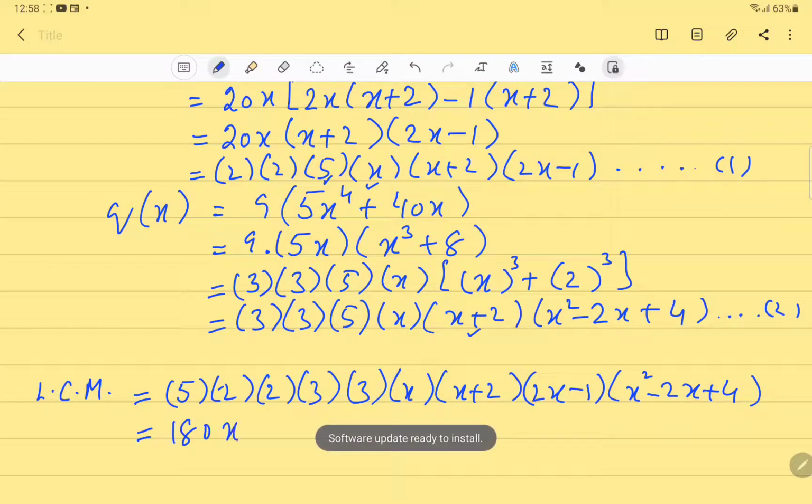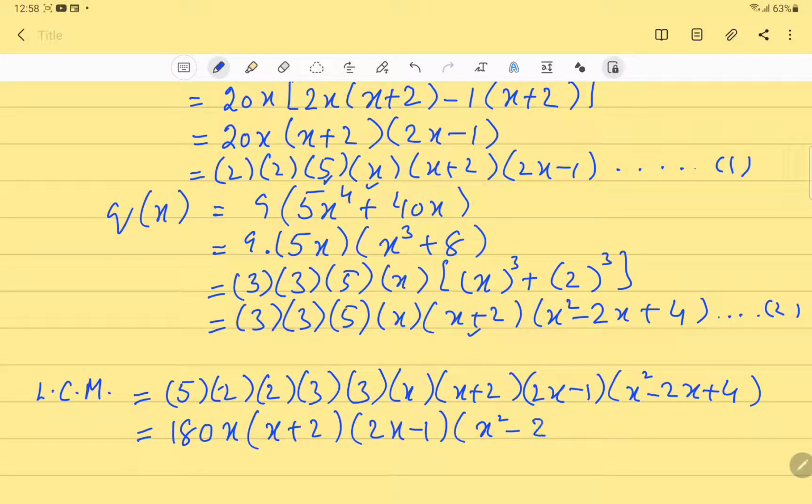Then we have x. Then we will write x plus 2, 2x minus 1, x squared minus 2x plus 4. So this is the LCM of this question and the answer as well.